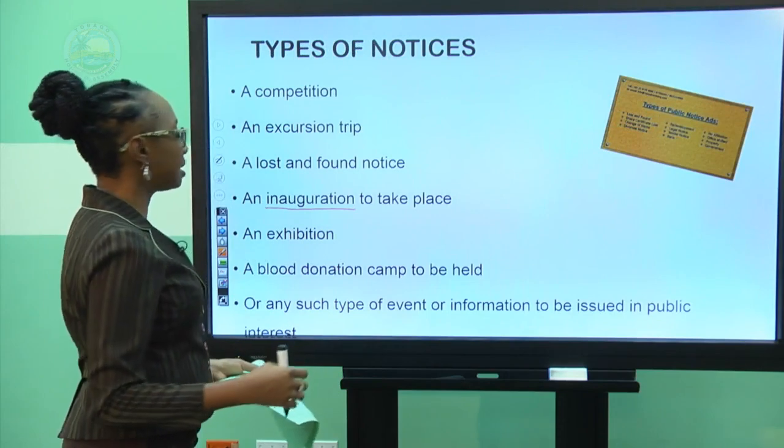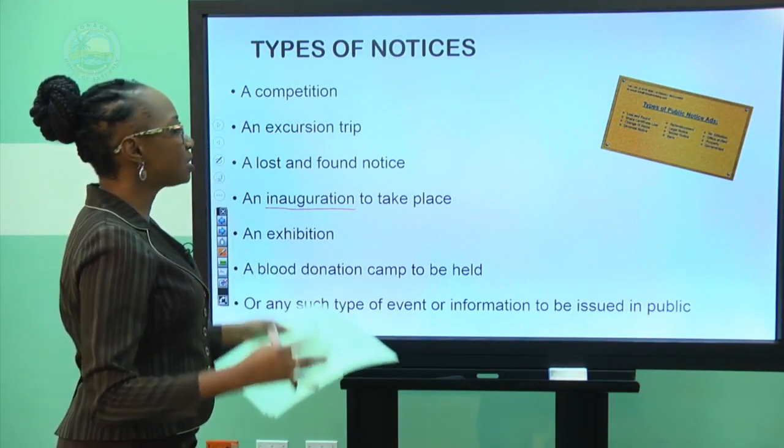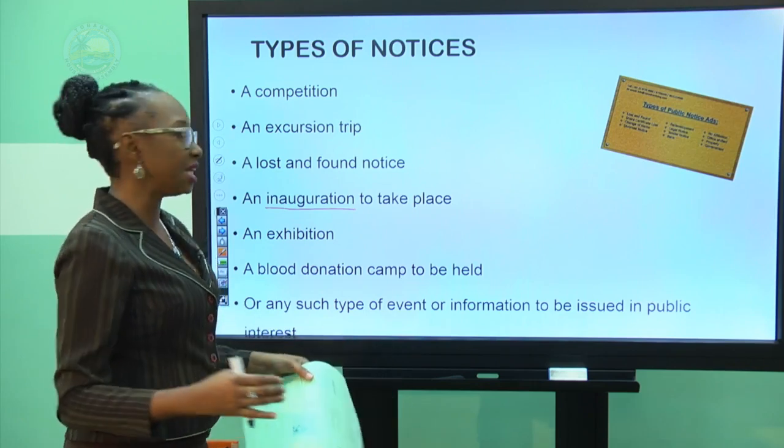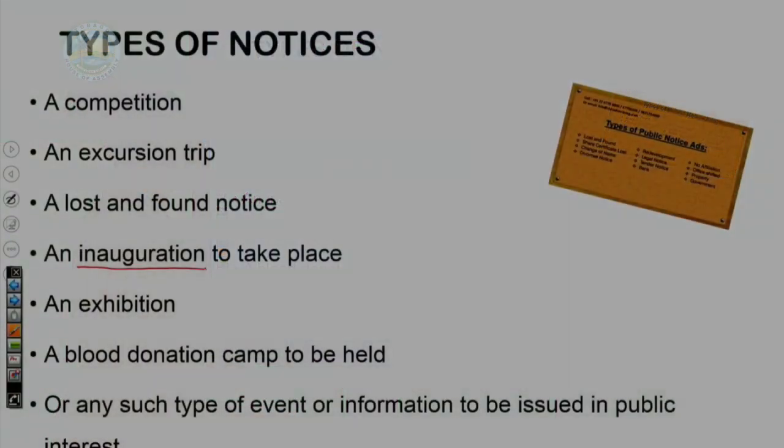You can have the installation of the executive for any other club that you may have, and you want to let the rest of the student population know that this installation, known as an inauguration, will take place. You can have a notice about an exhibition, a blood donation camp to be held, or any other type of event or information that you want to issue for public notification.